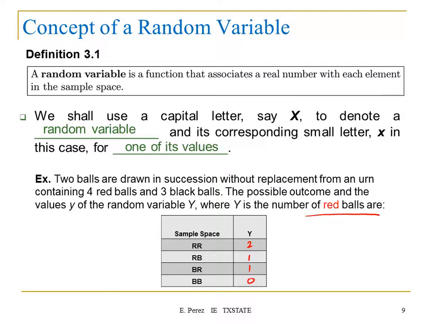So if you draw 2 from this urn, these are the possible outcomes that you can have in your experiment. So you can have 2 reds, 1 red and 1 black, 1 black and 1 red, or 2 black. And based on the description of the random variable, which is the number of red balls, you can provide a number for each outcome of your sample. Okay?